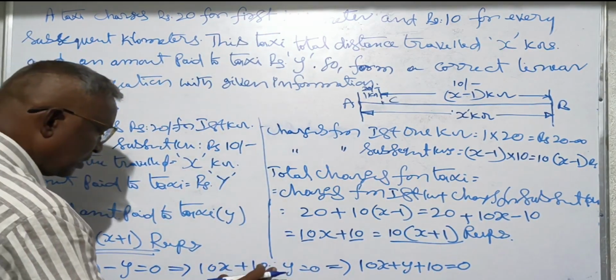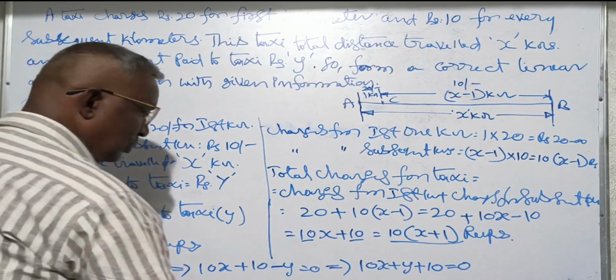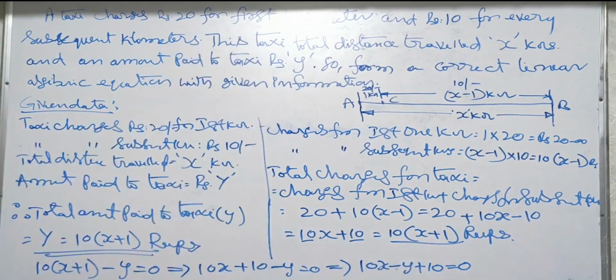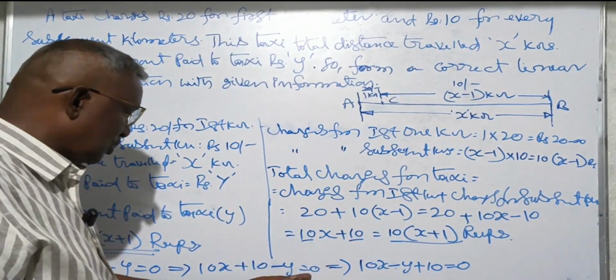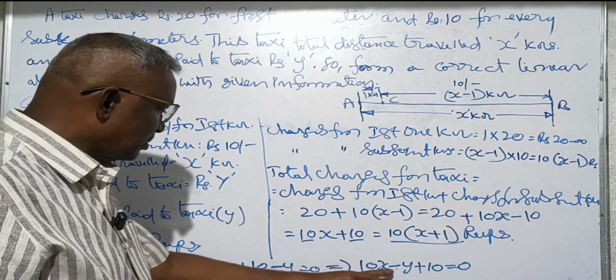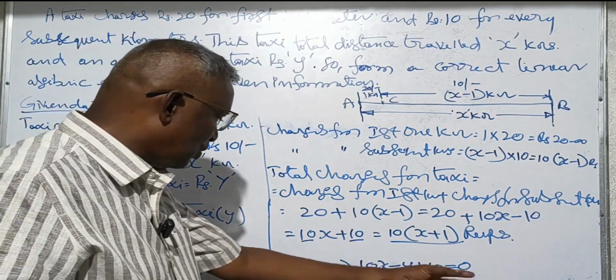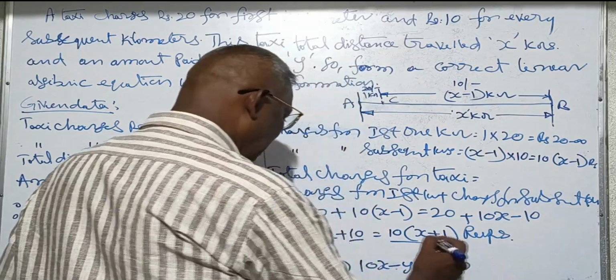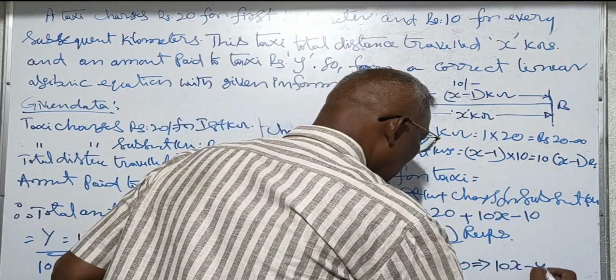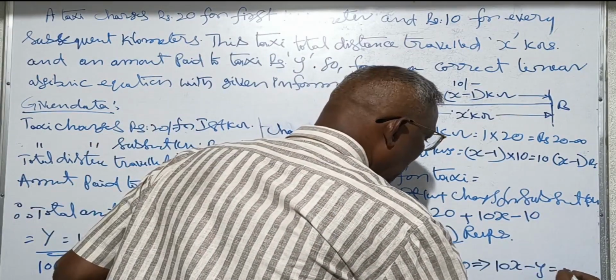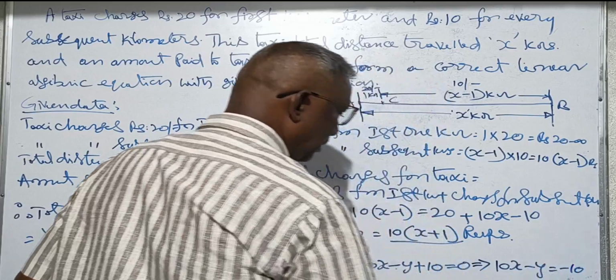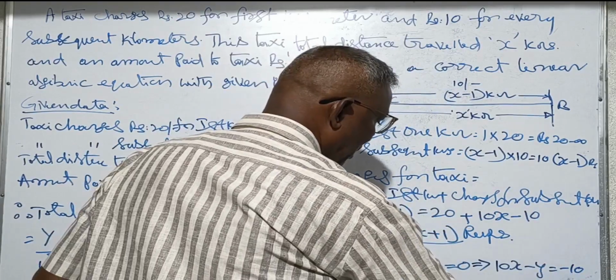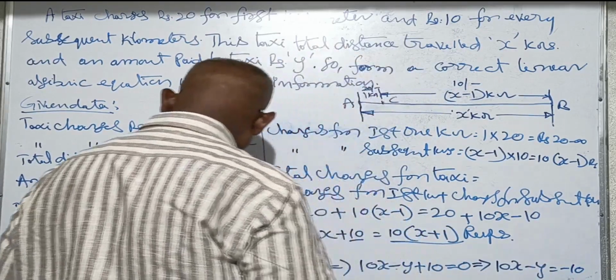Sorry, here it is minus. That is 10x minus y plus 10 is equal to 0. Again, I will write it like this: 10x minus y is equal to minus 10.